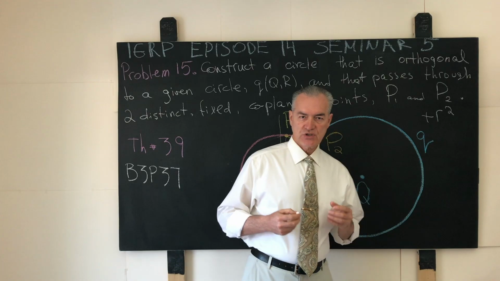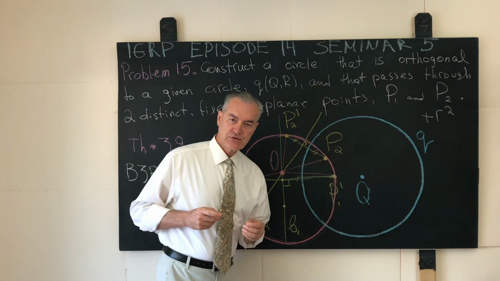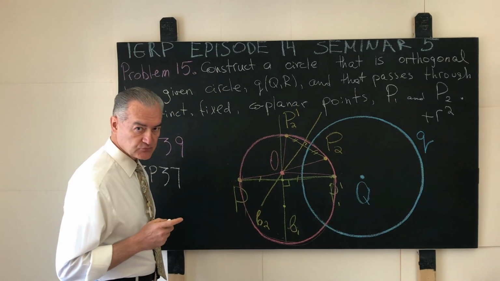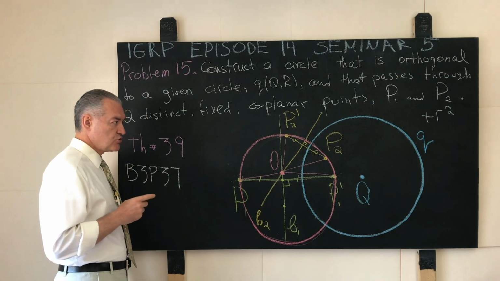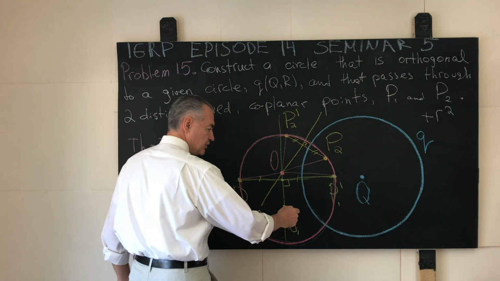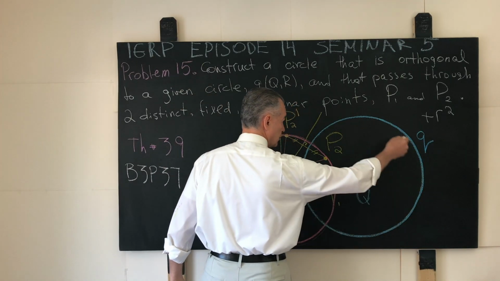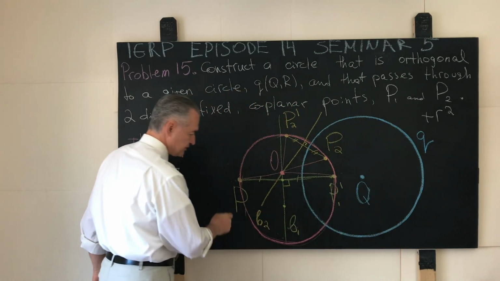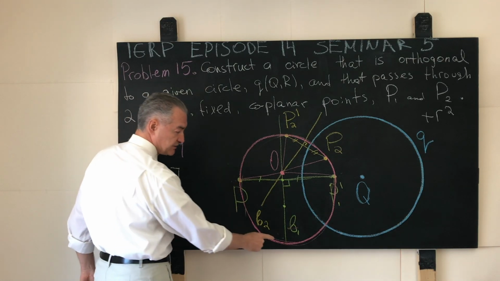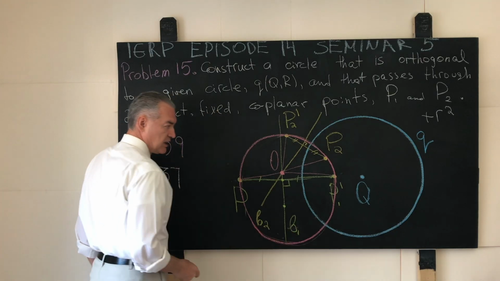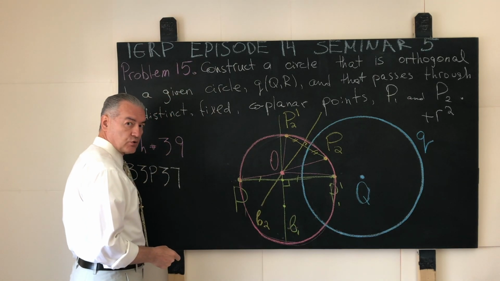That is, we just showed that the locus of all the centers of uncountably infinitely many circles, each of which is orthogonal to the given blue circle Q, and that passes through the given point P1 is what? Is the perpendicular bisector B1 that is constructed on what?